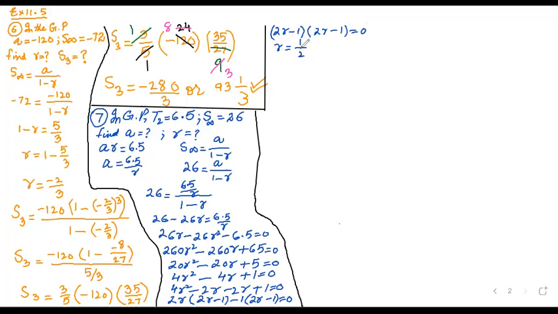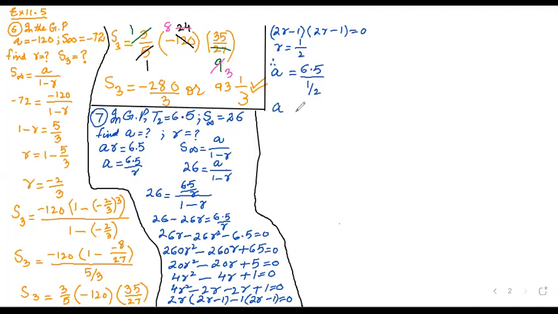So using this value of R in this equation, we get A is equal to 6.5 upon R, which is 1 upon 2.